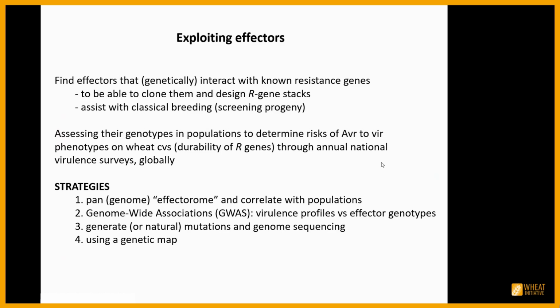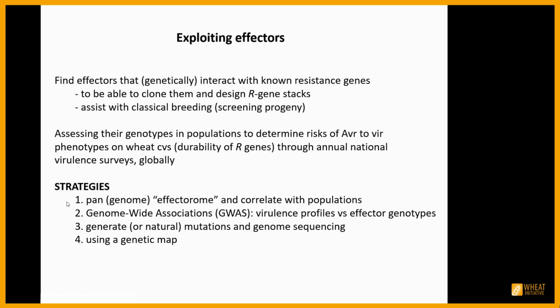So if we have that information in isolates, we can assess the risk better, and also whether certain genes that are deployed in certain cultivars and grown in certain areas are more at risk for introduction of certain new isolates when we find them. That is, of course, when we do enough annual virulence surveys, and ideally we do them globally to get more information.